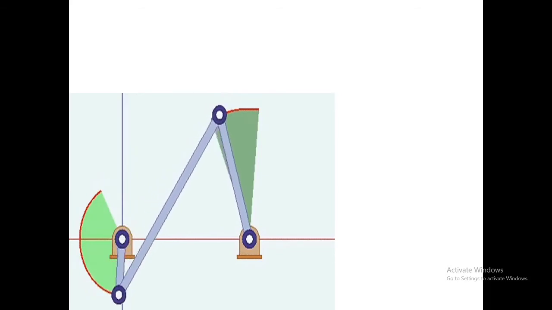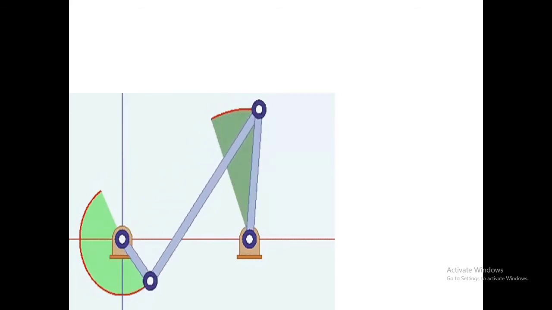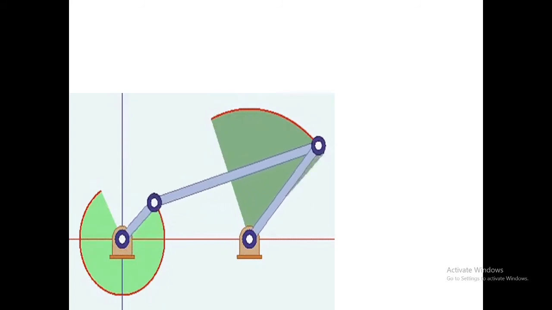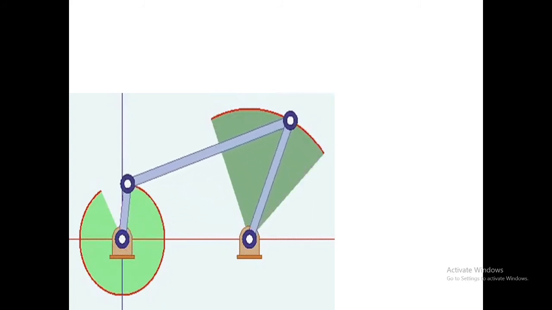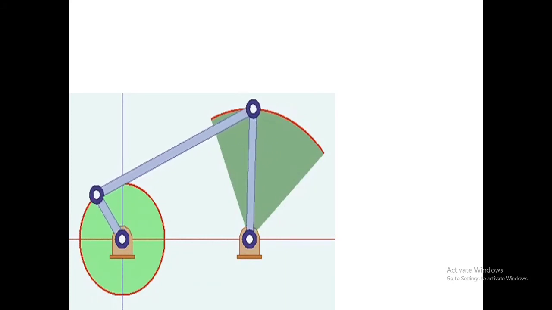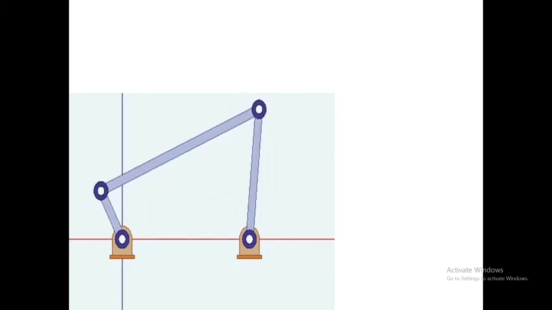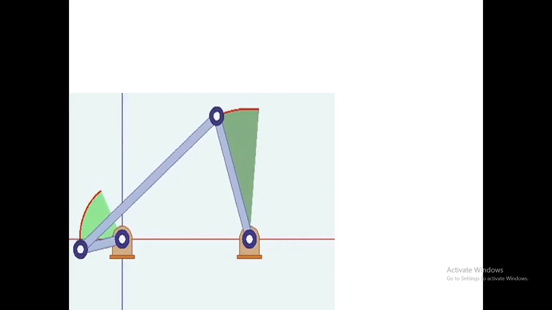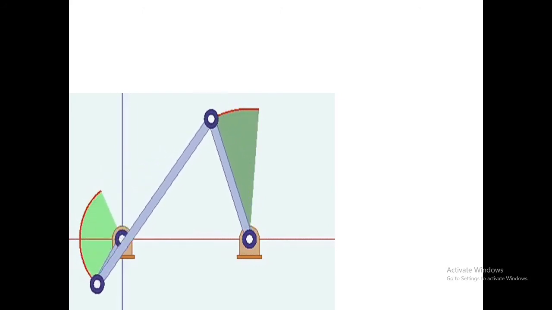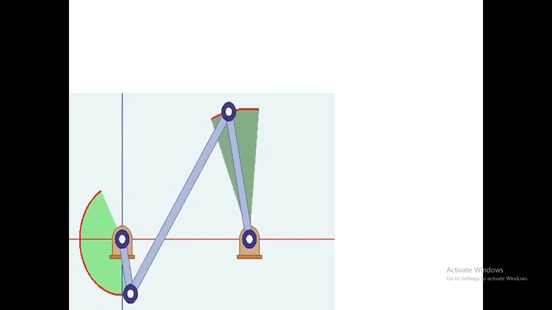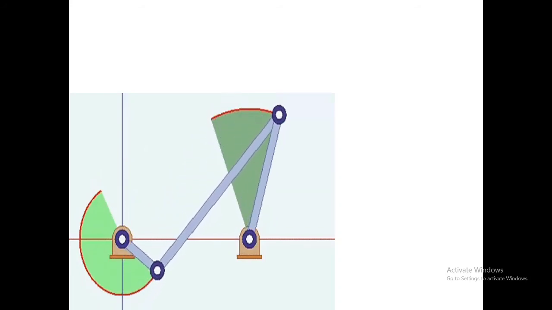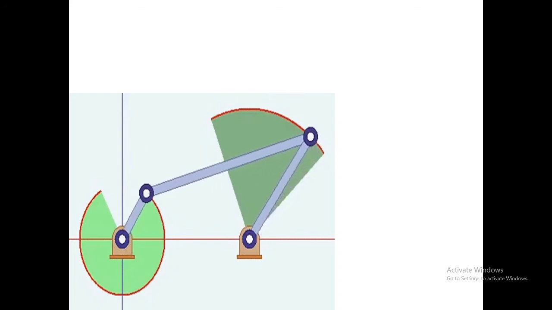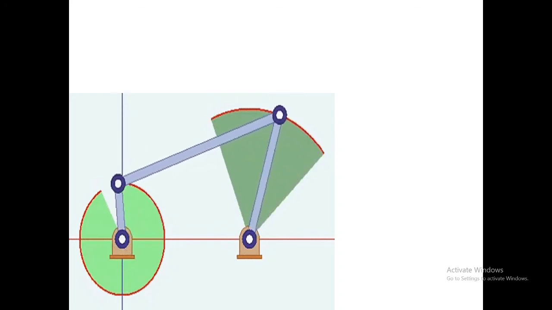It consists of 4 links, one link which is fixed, the crank rotates about a fixed point, the crank is connected to a connecting rod or coupler, and the coupler is connected to another link. When the crank rotates, the last link oscillates about a point.